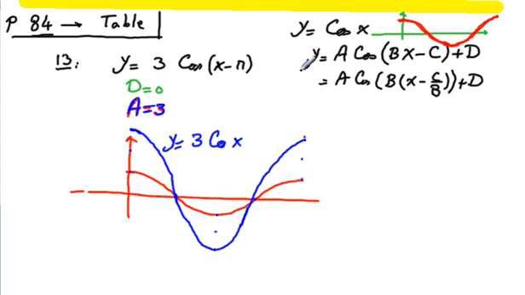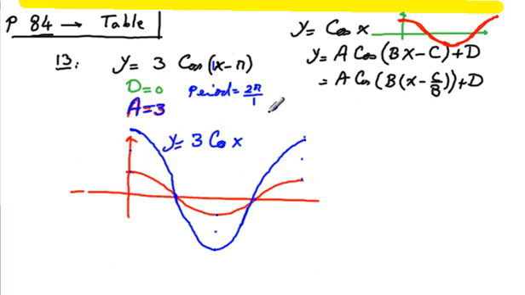Our phase shift. Fortunately, b is 1, so I'm not touching the period. I'm not squeezing this thing or stretching it in a horizontal direction. Its period is still 2 pi. So 2 pi divided by 1, here is our b. b is 1, so we have nothing to worry about there.